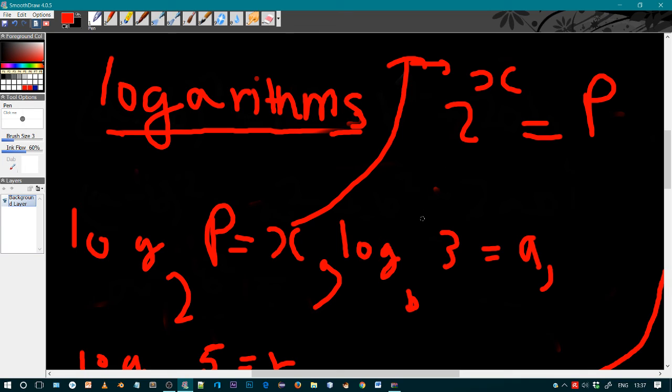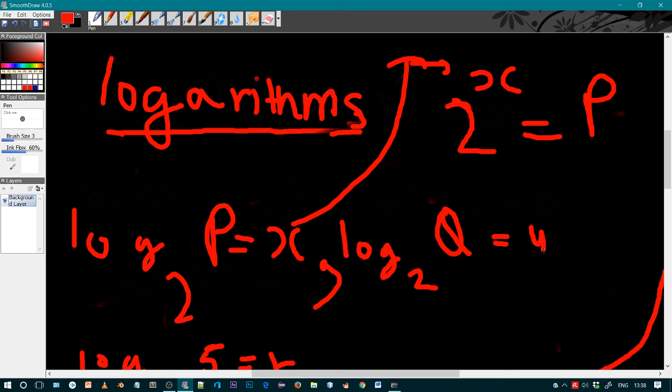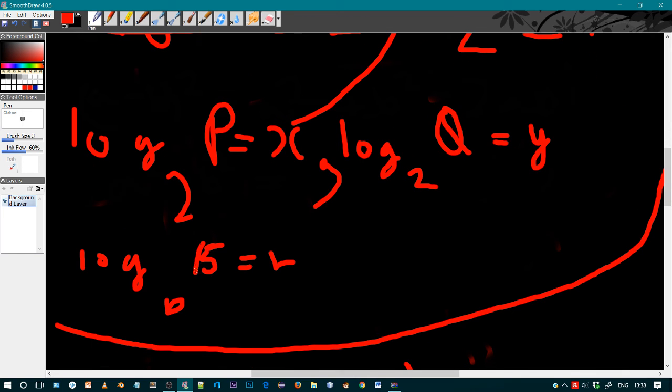And for this too, we can write it as b to the power q is equal to, oh wait, I copied my question wrong. Sorry. So 2 to the power x is equal to p, and then log base 2 q will be equal to y, and log base 2 r will be equal to z, right?